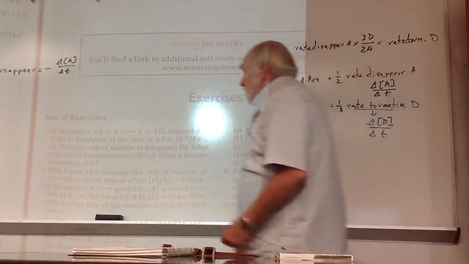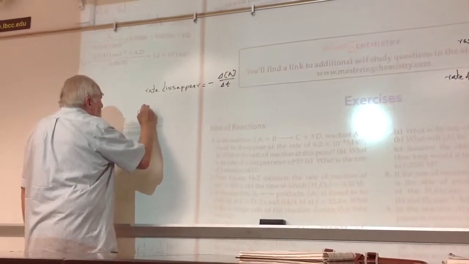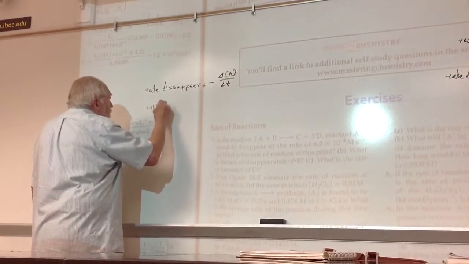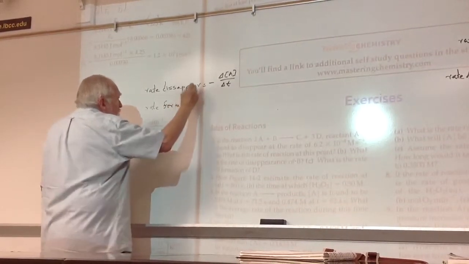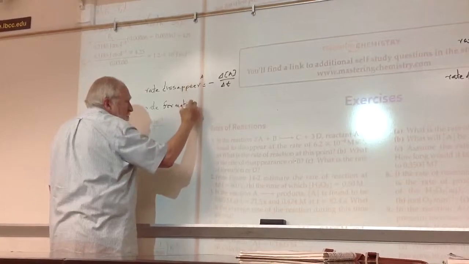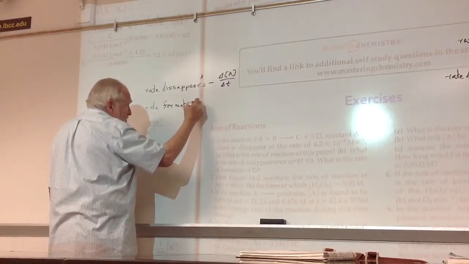So when they talk about the rate of formation, I'll pick one of these things. This was of A, of course. This will be, which one should I pick? It doesn't matter.